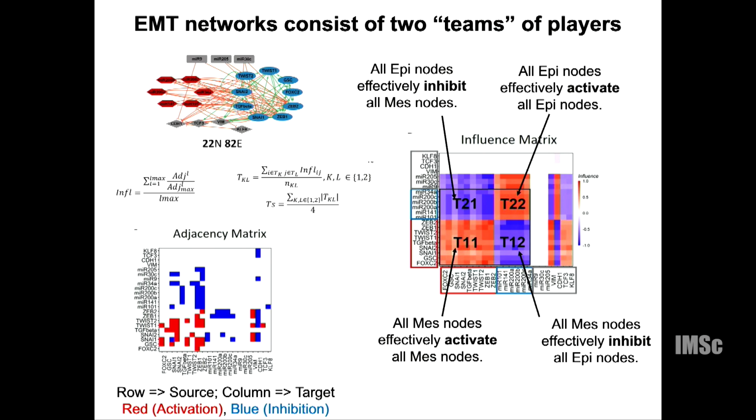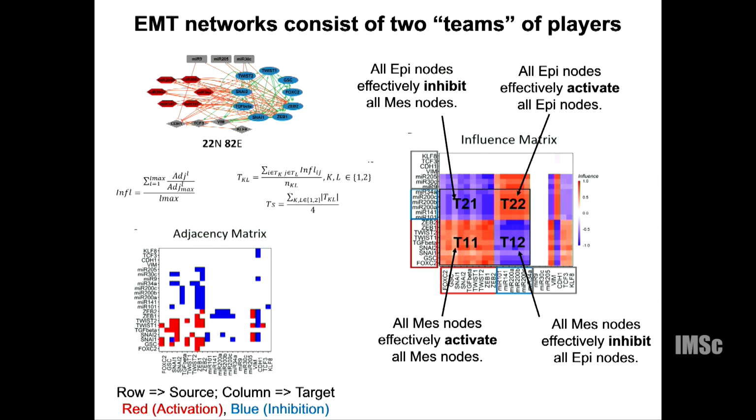Every epithelial node effectively activates every epithelial node. Every mesenchymal node effectively activates every mesenchymal node. Every epithelial node effectively inhibits every mesenchymal node, and every mesenchymal node effectively inhibits every epithelial node. So it's a very simple structure. You're back to a toggle switch.